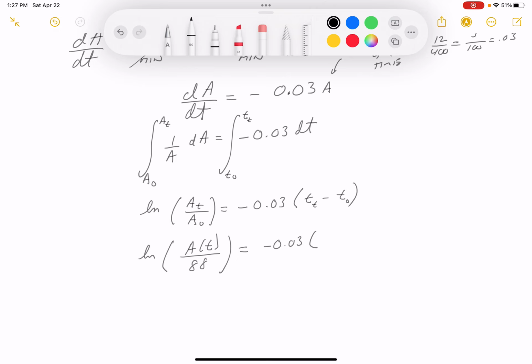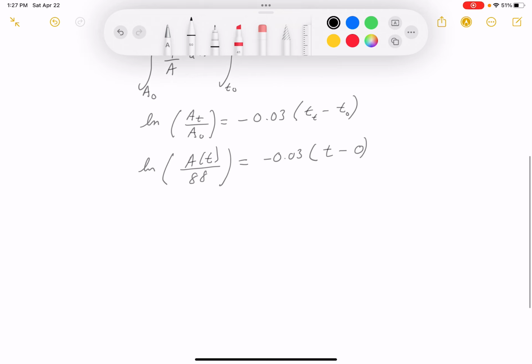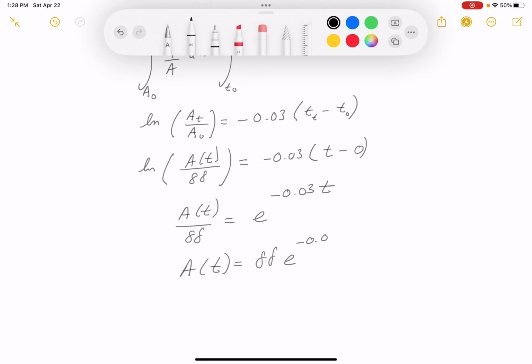I'm going to go back to using T again. So I'm going to say sometime T minus T naught, which is 0. That's a time 0. So I'm getting close. I'm going to say A as a function of T over 88 is equal to E to the minus 0.03 T. And then A(T) is equal to 88 E to the minus 0.03 T.